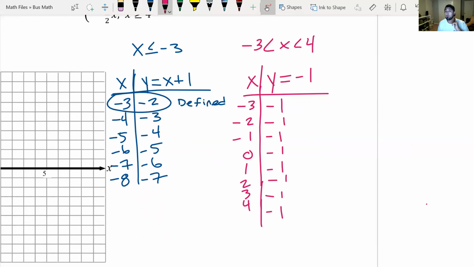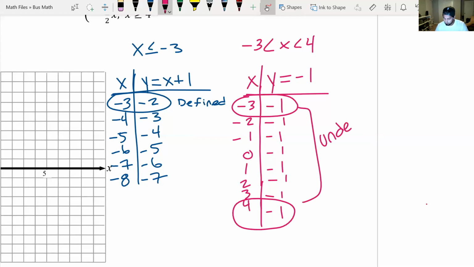Okay, but take note, could we actually use -3? And could we actually use +4? And the answer is no, because these were less thans, not less than or equal to's. So this means that -3, -1, and 4, -1, these 2 points will be undefined. Okay, which means they'll be open circles. So let's plot that.